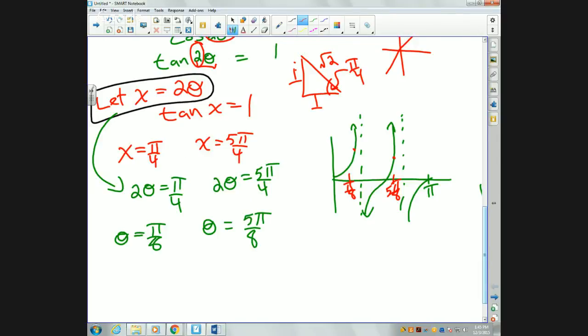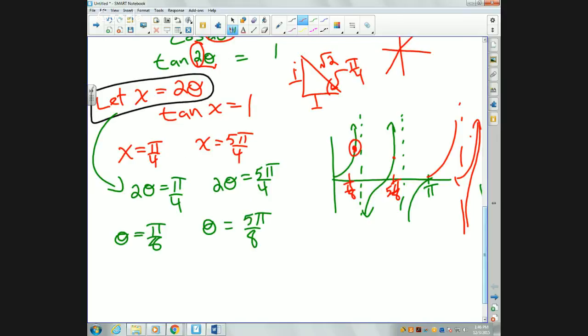How do we find the other answers? Because we know this is just going to keep going like this. Whoops, I drew that on the wrong side. This one should go like this. Add what? Somebody said it. Yeah, so the other answer here at pi over 8 is technically one period away. That's how we got this one.